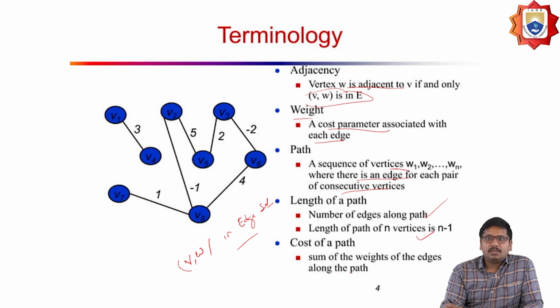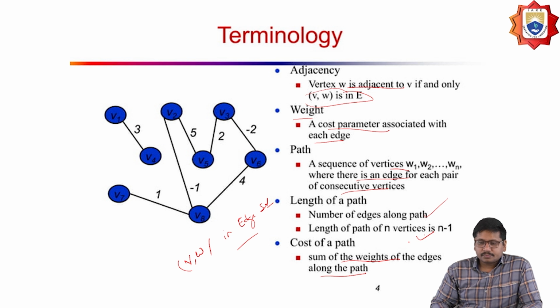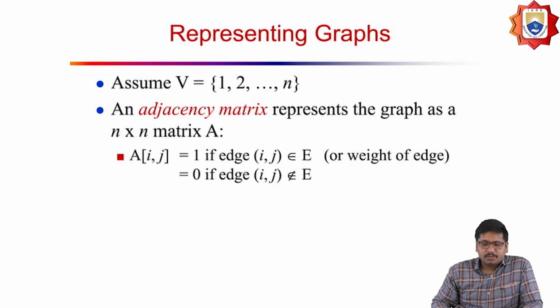The cost of the path is the sum of the weights of the edges along the path.